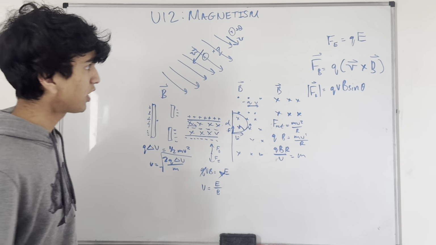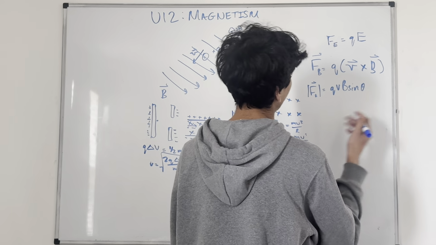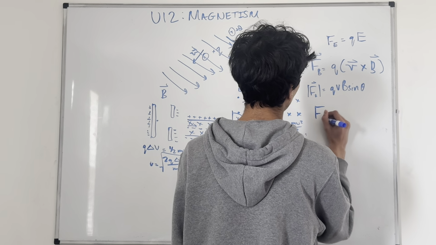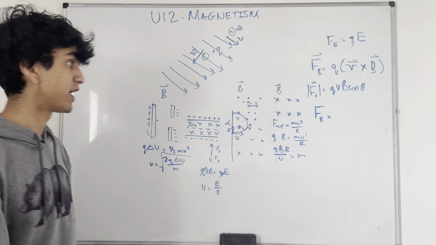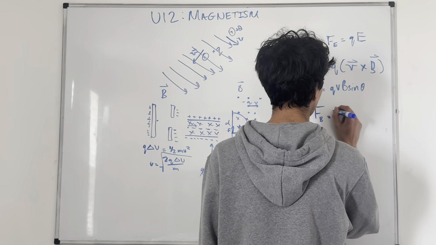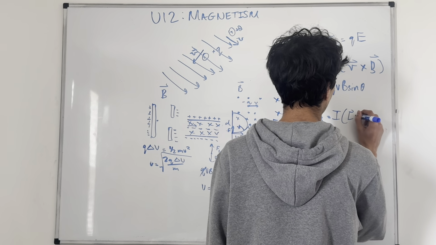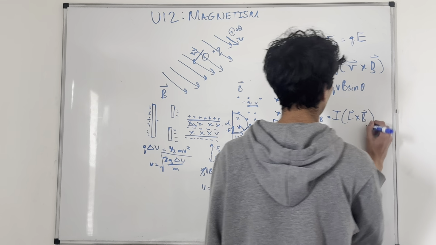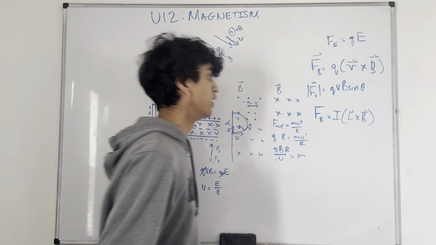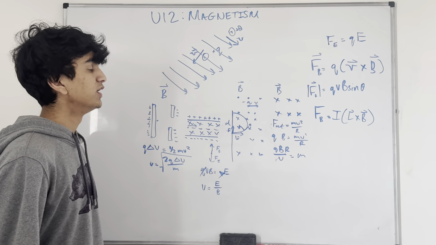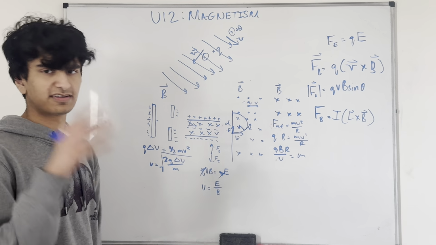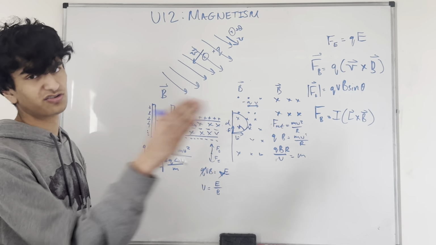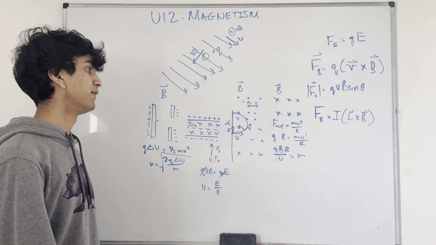So you can derive this equation, but the magnetic force on a line of current would actually be equal to I times L cross B, where L is the direction of the wire. It's like the direction the current is really going along the wire, right?